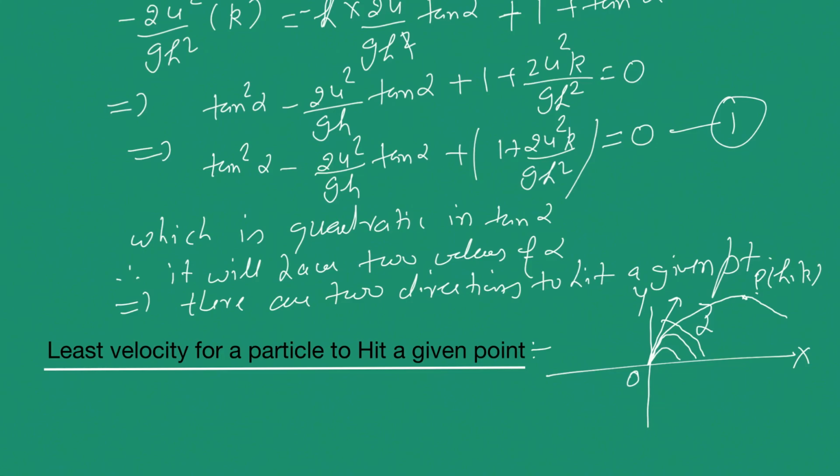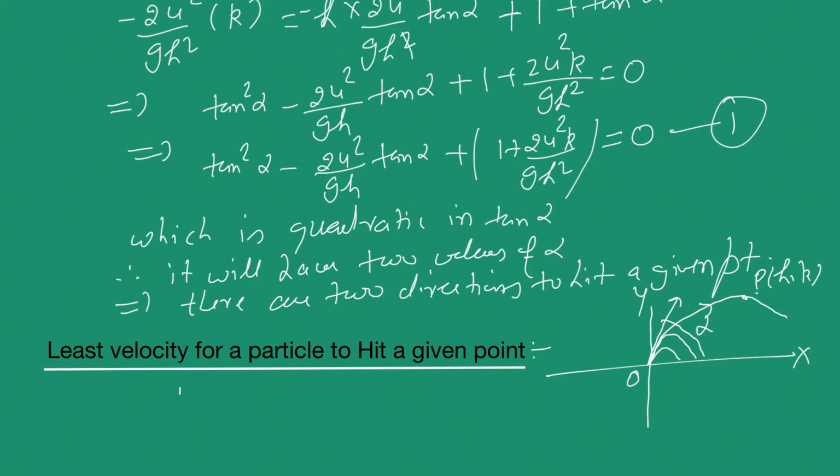So for it to hit the given point, the direction should be real, so its roots should be real. For its roots to be real, we know that the discriminant of this equation should be greater than or equal to 0.